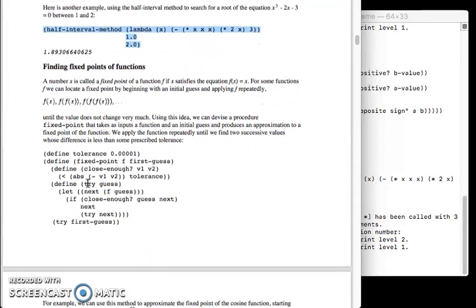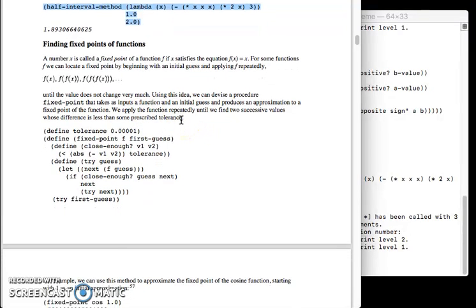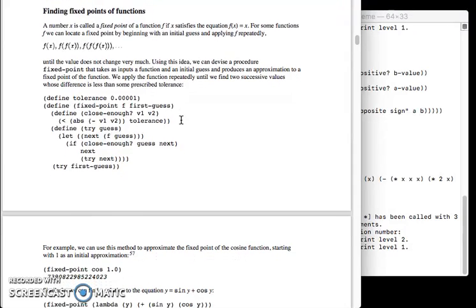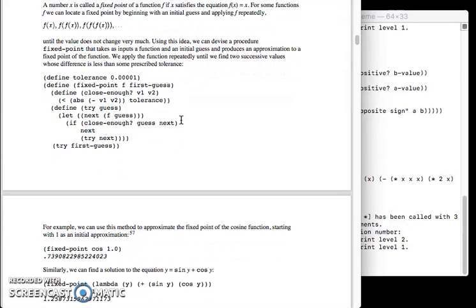So using this idea, we can devise a procedure fixed point that takes as its inputs a function and an initial guess and produces an approximation to a fixed point of the function. We apply the function repeatedly until we find two successive values whose difference is less than some prescribed tolerance. So, define the procedure tolerance that takes 0.000001 as input.